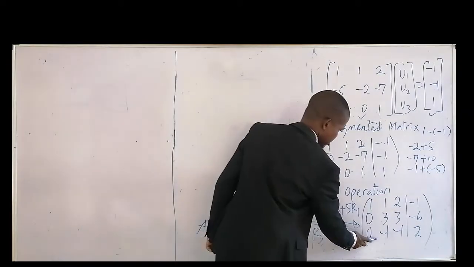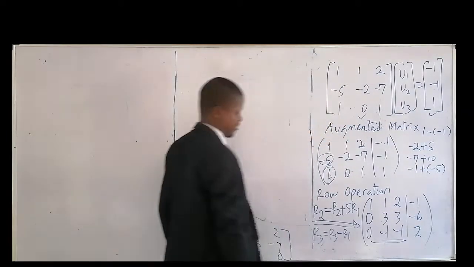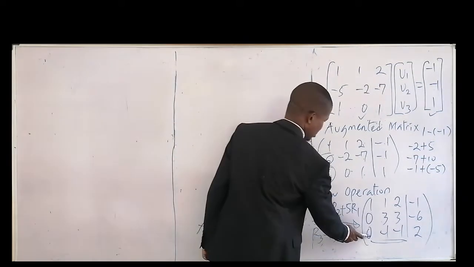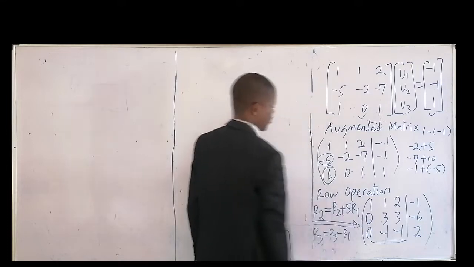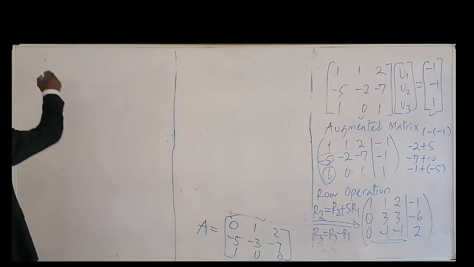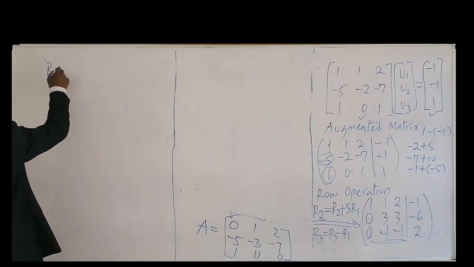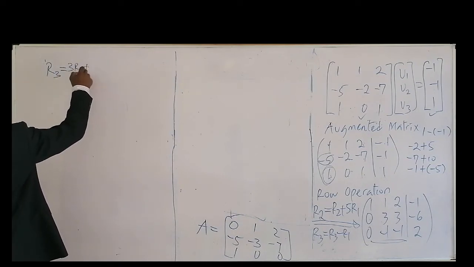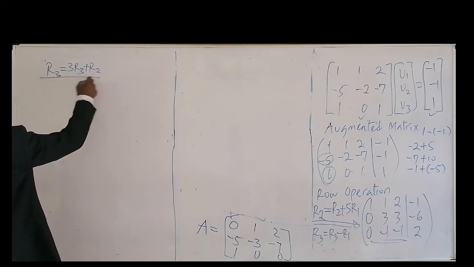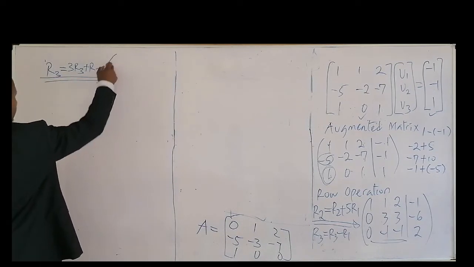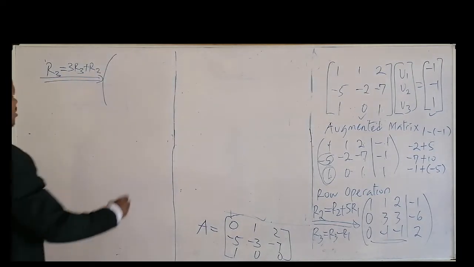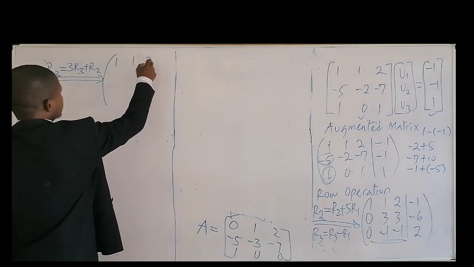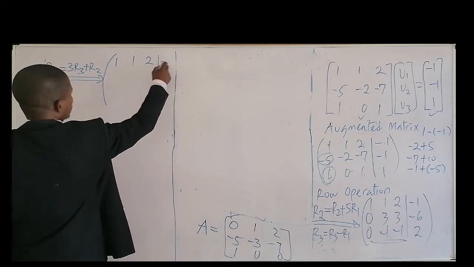This row 3, we can turn it to zeros if we want. And if you want to do that, we can use either row 1 or row 2 to form our expression. So the third row is equal to 3 times row 3 plus row 2. That's the only one we want to amend. Row 1 is not changing: 1, 1, 2, minus 1.